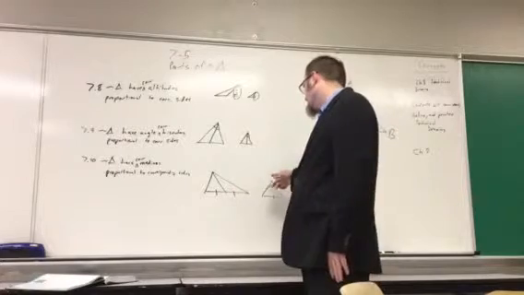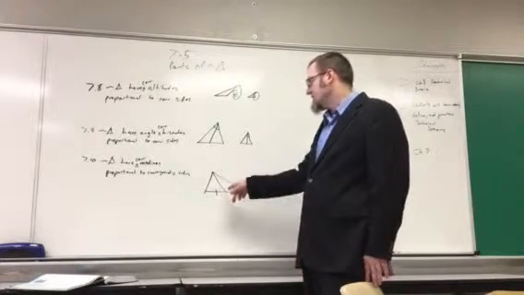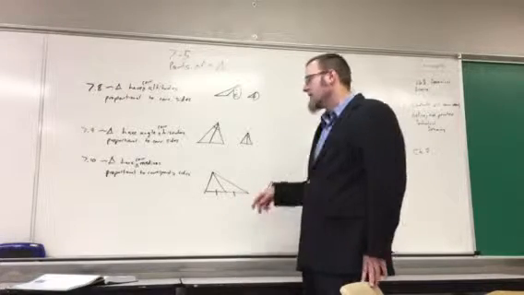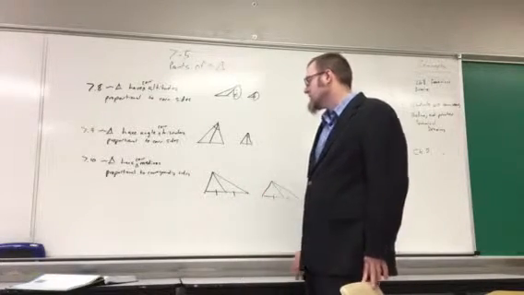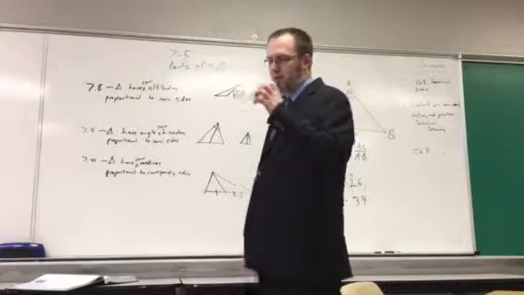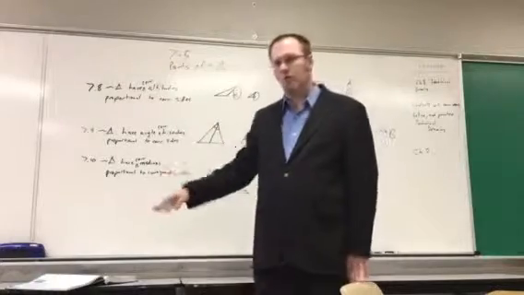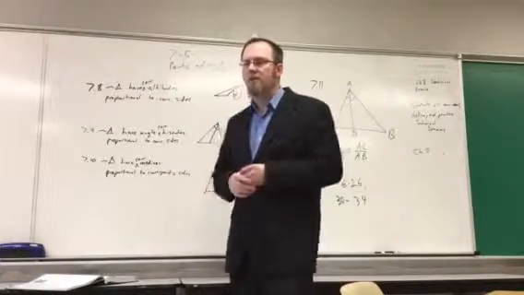So those would go through like this. Those medians cut that opposite side in half, and the length of the median would match up. So if it's 5 to 4, this would be 5 to 4. Okay, those ratios stay true even to the special ones. Now these are all kind of grouped together. You can see how they fit.